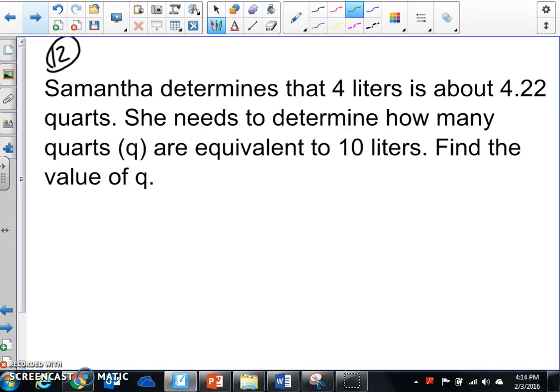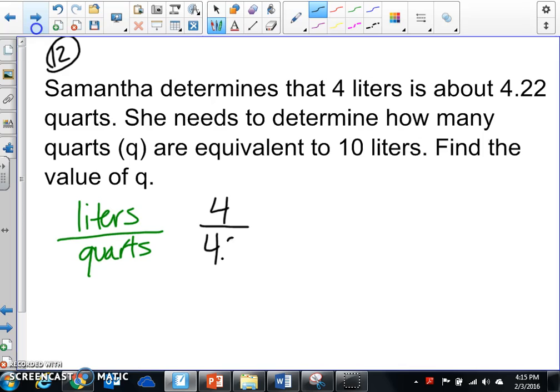Samantha determines that 4 liters is about 4.22 quarts. She needs to determine how many quarts are equivalent to 10 liters. Find the value of Q. So we have liters over quarts. My first ratio is 4 liters for 4.22 quarts. She needs to determine how many quarts are equivalent to 10 liters.